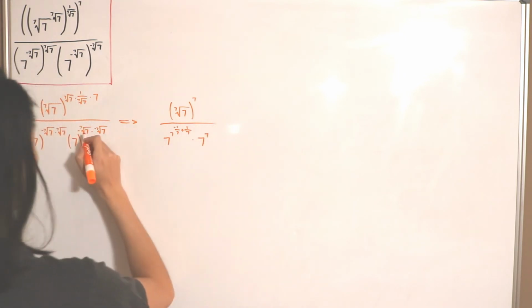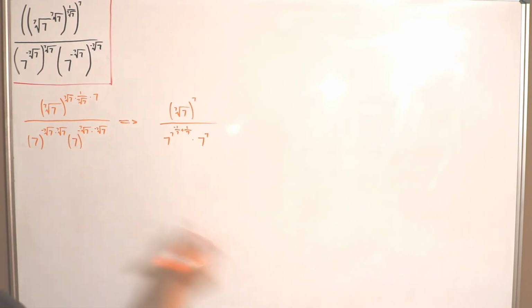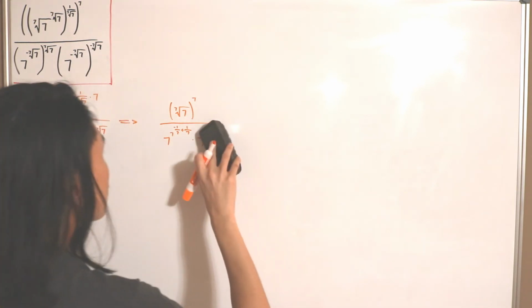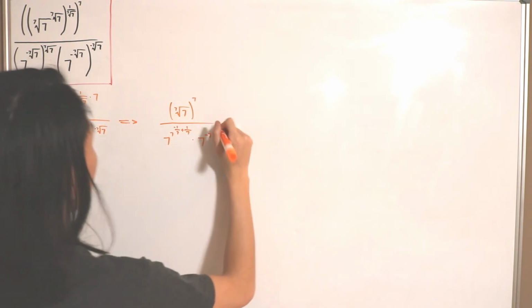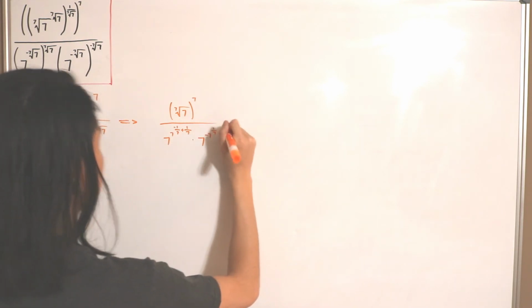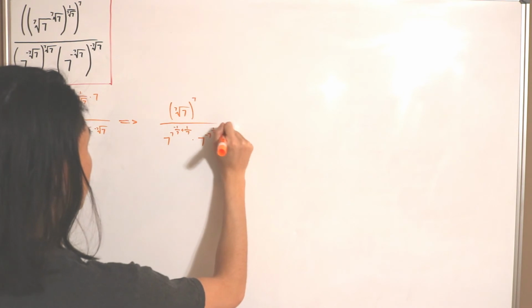So this is 7, and then this is negative. Actually, this is supposed to be a negative 7 over here. So negative 7, and then to the power 1 divided by 7, and then base 7 here with the exponent negative 1 over 7, so this will be minus 1 over 7.